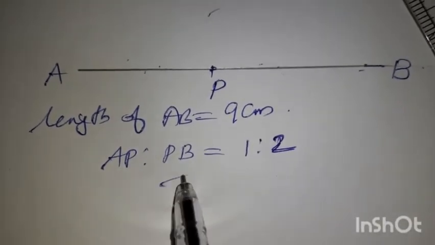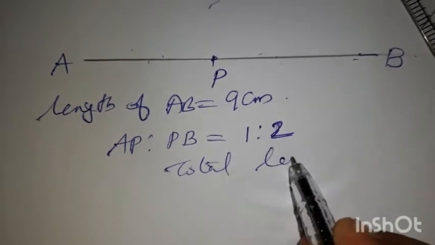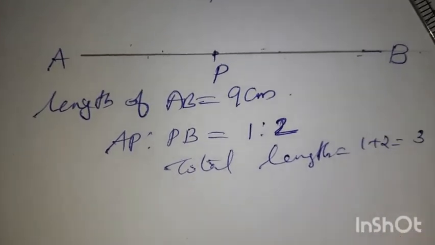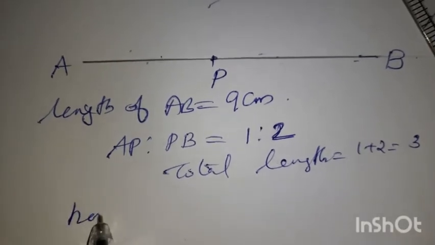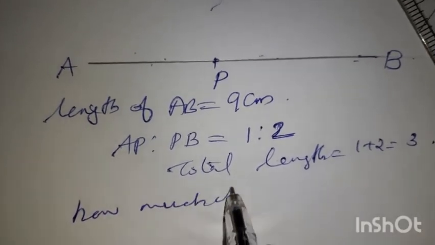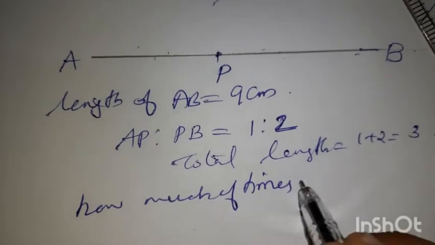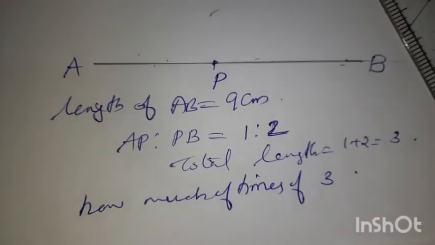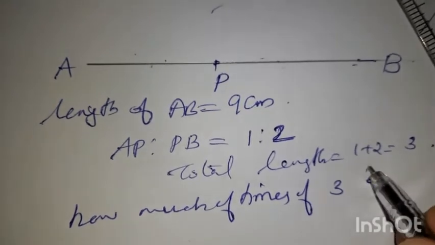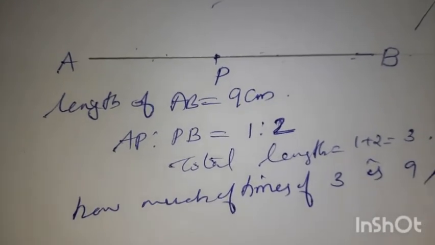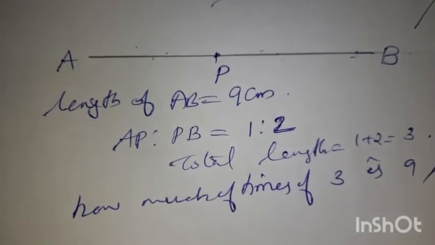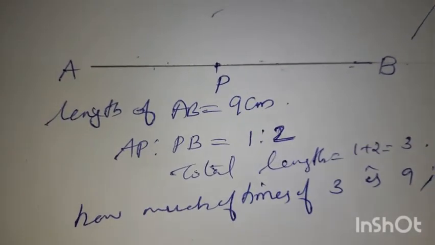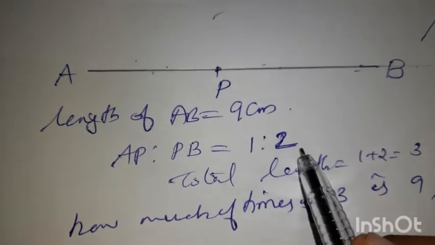Then what is the total length? Total length is equal to 1 plus 2, it is 3. So how many times 3 is 9? It is 3 times. So that 3 times you have to multiply with this ratio.